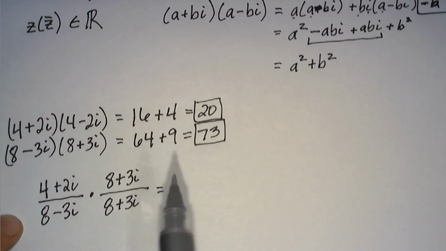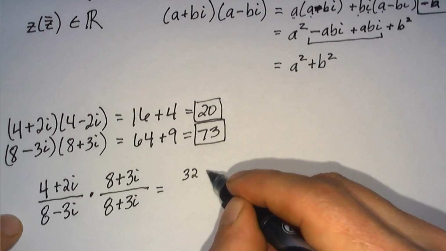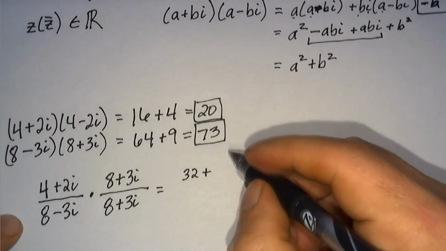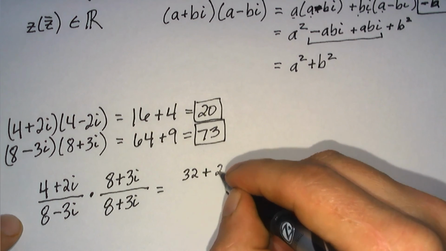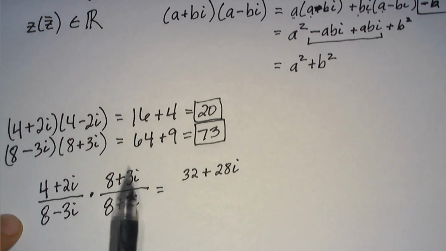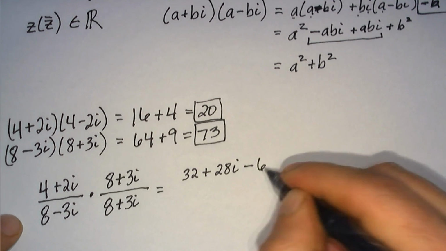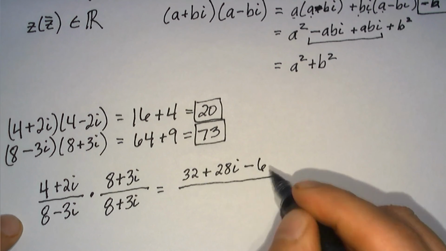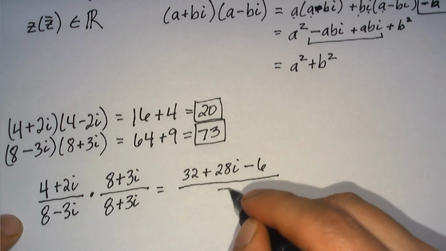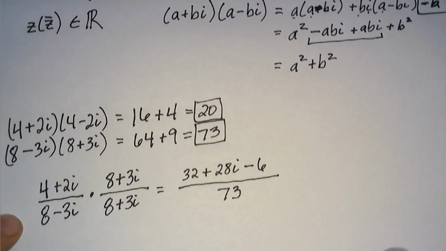4 times 8 is 32 plus the outer is 12i and the inner is 16i, so 12i and 16i is 28i. And 2 times 3 is 6, but i squared is negative 1, so this becomes negative 6. All over this complex conjugate, which we just did right here, which is 73.